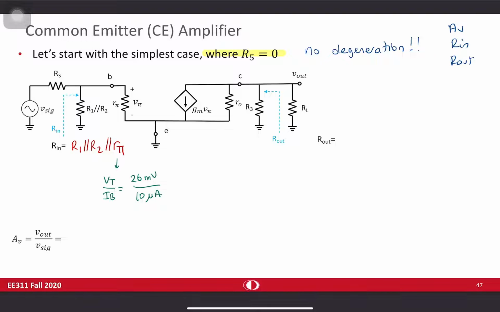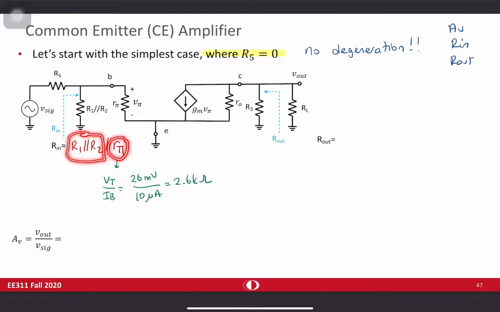So the result will be like 2.6 kilo ohms, which means that even if you choose R1 and R2 as like 1 giga ohm, this R-pi is limiting your input resistance.